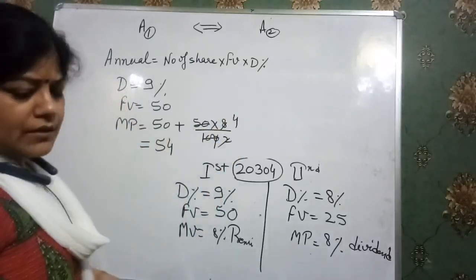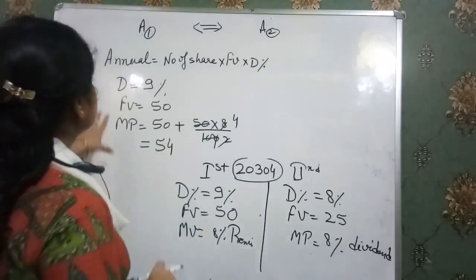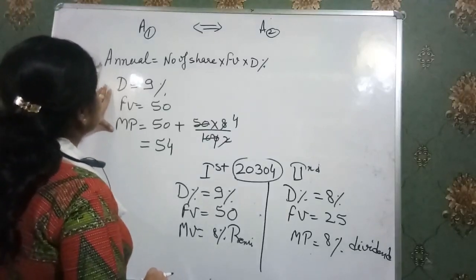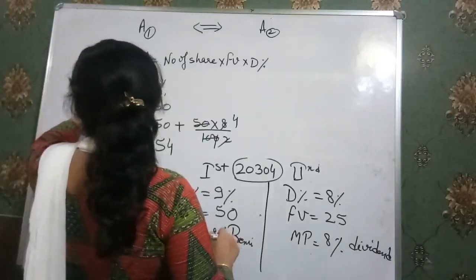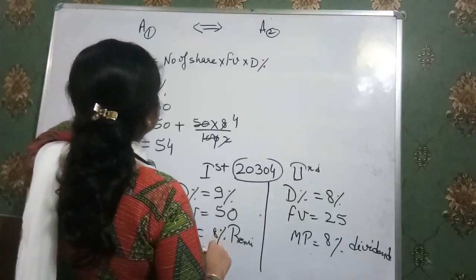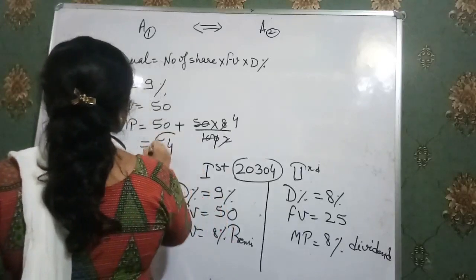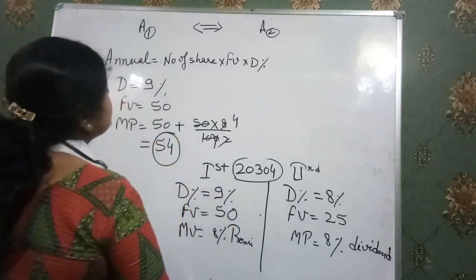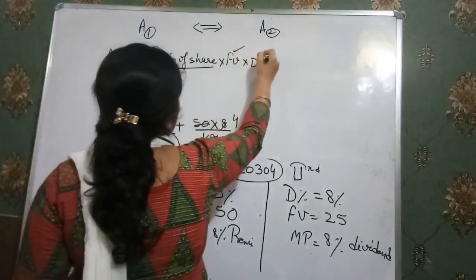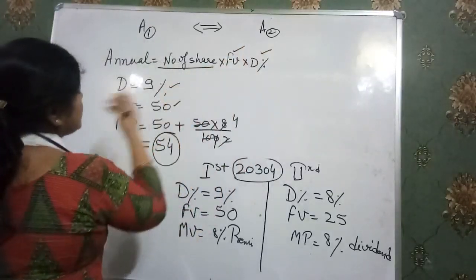Now for the money the shareholder invested in this type of company, we have to find the number of shares that man bought, because we have face value and we have dividend. Clear?